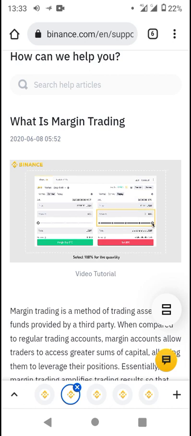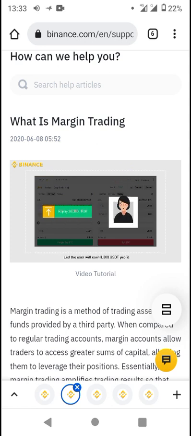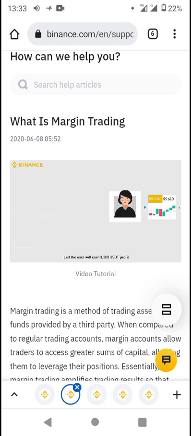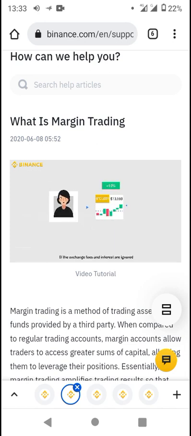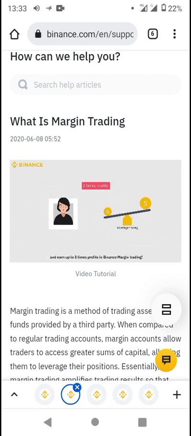Select 100% for the quantity and click on Sell BTC. Once the order is fulfilled, the borrowed 20,000 USDT will be refunded automatically, and the user will earn 3,000 USDT profit. If the exchange fees and interest are ignored, in this case the user would gain 30% profit and earn up to 3 times profits in Binance margin trading.